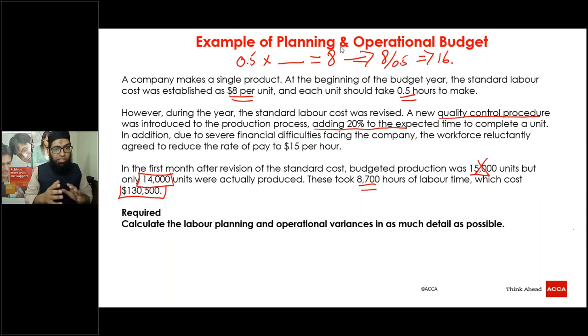Whatever change we have to make, we will only be changing the hours. So we will be replacing standard hours with revised standard hours, or actual hours with revised standard hours, and we will not change the rate in efficiency variance. In the same way, in rate variance, we will not change the hours. Okay?